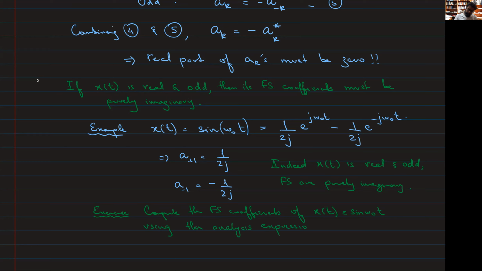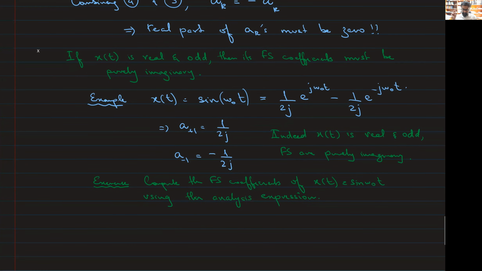I'll leave this as an exercise. It's just an integration. You'll find that the integral is equal to 0 whenever k is not equal to +1 or -1. When k equals +1, it is equal to 1 upon 2j, and when k equals -1, it is equal to -1 upon 2j.